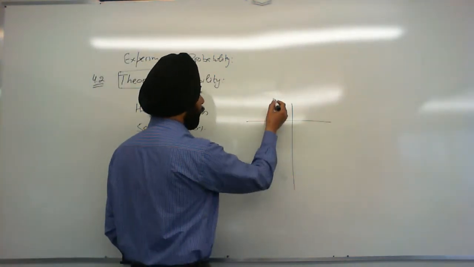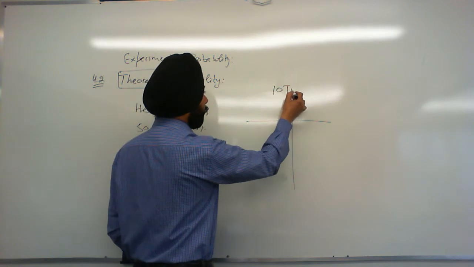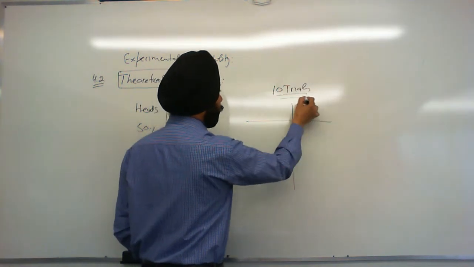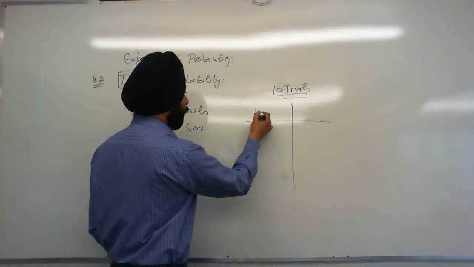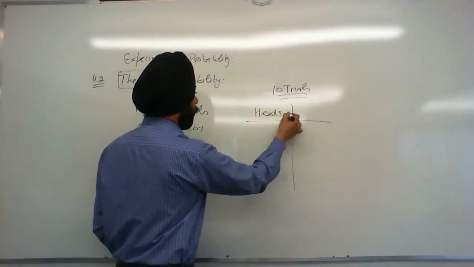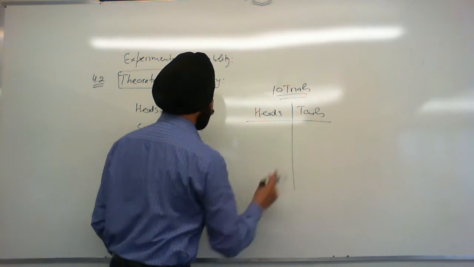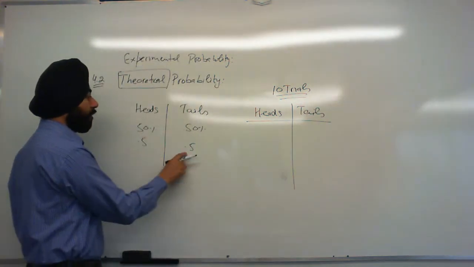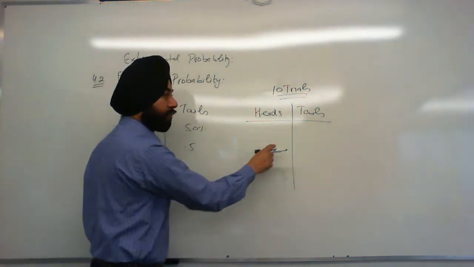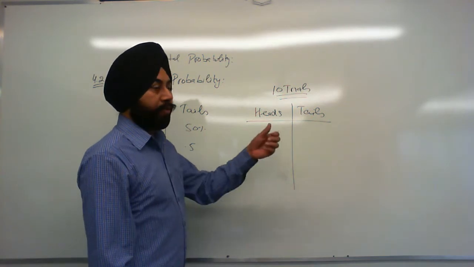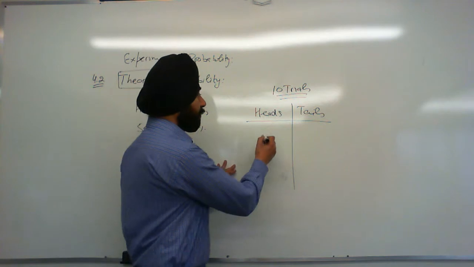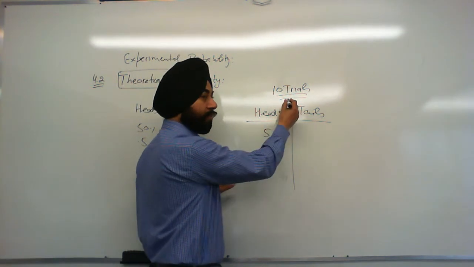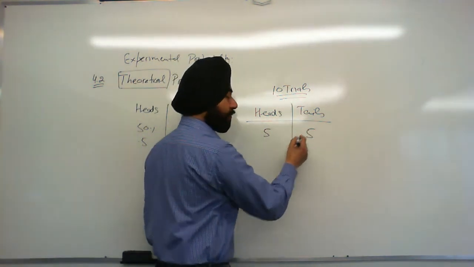then let us say you do 10 trials. 10 trials means you toss the coin 10 different times, and ideally, theoretically, we should have an equal number of heads and tails. That means when you do this experiment 10 times, it should land heads 5 times out of 10, and tails 5 times.